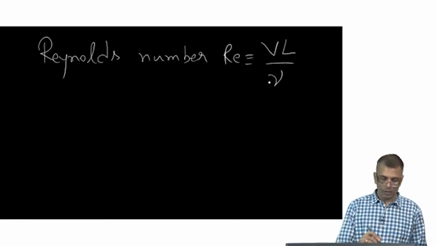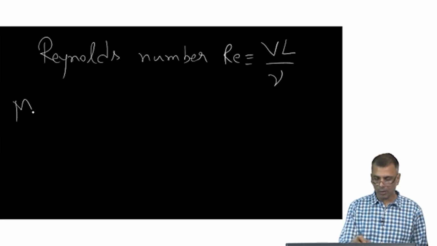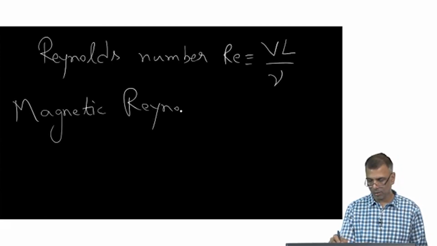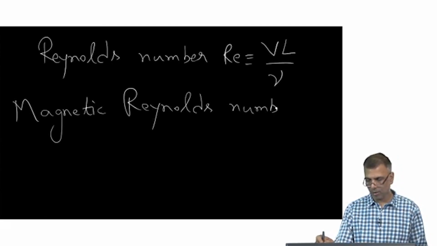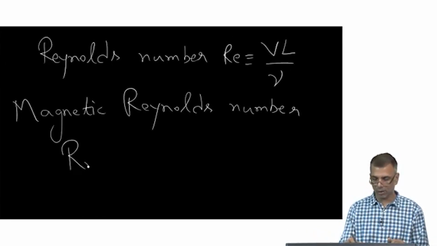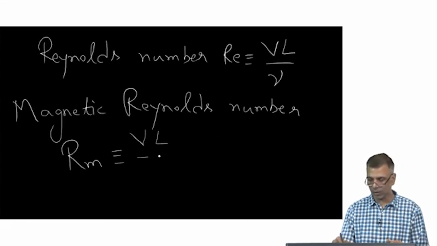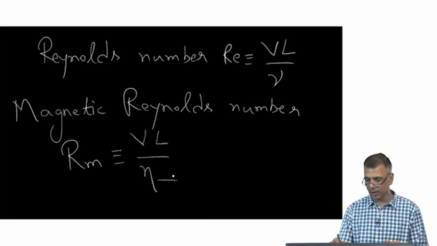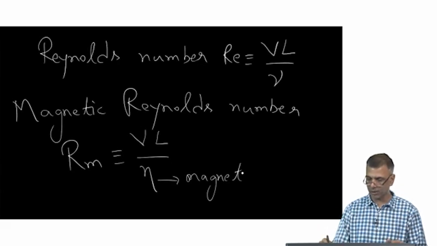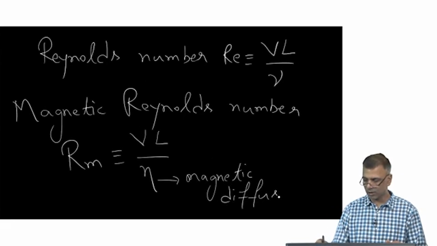There is something called a magnetic Reynolds number, also dimensionless, all of these are dimensionless, which is generally denoted by Rm, and this is defined by VL over eta, where eta is the magnetic diffusivity. So, you can see this is the same form as the ordinary Reynolds number.